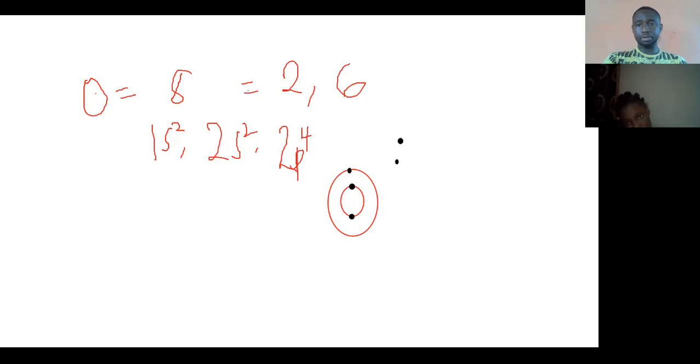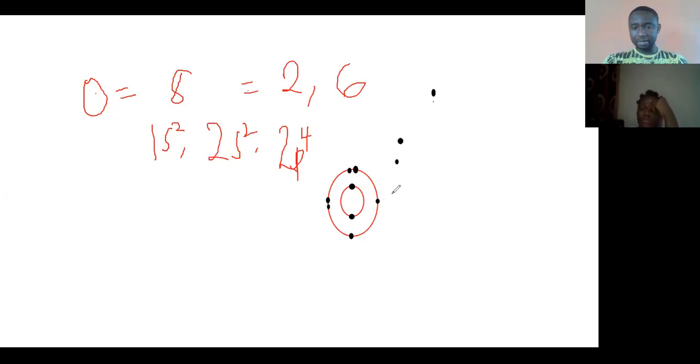This is the oxygen atom. What we just need to do now is this. That means oxygen has 2 lone pair electrons. We said 2, 6. That's 2, 4, 5, 6. Oxygen has 2 lone pair electrons and it needs to be filled.